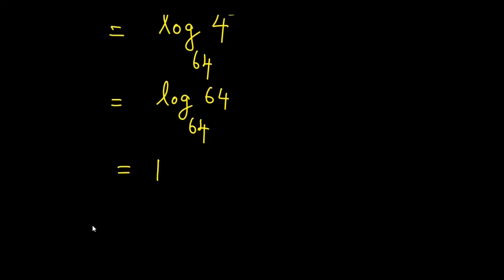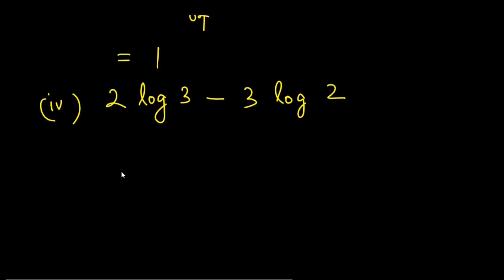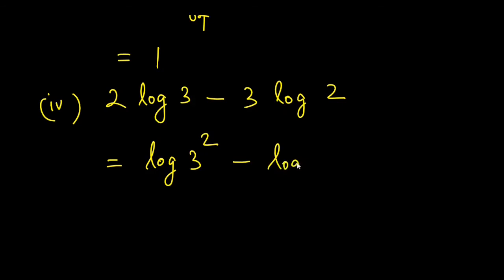Then the next one, fourth one, 2 log 3 minus 3 log 2. This is log of 3 square minus log of 2 cube.